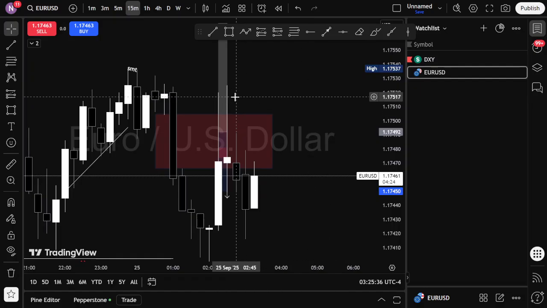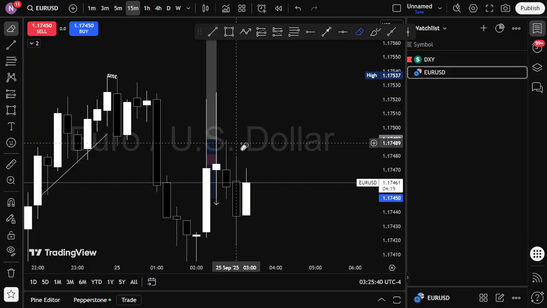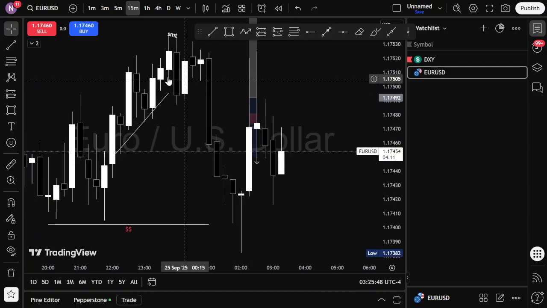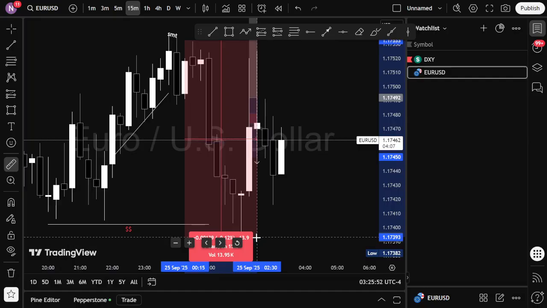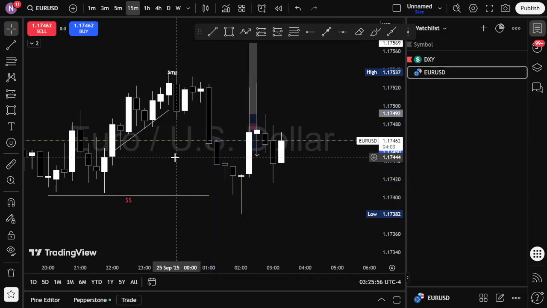Even at the time of taking the trade, my gut feeling was saying I should step out of this chart or this trade because it was going against my bias. I didn't want to see this bearish pressure at this point. I didn't want to see that, and that completely went against my bias.